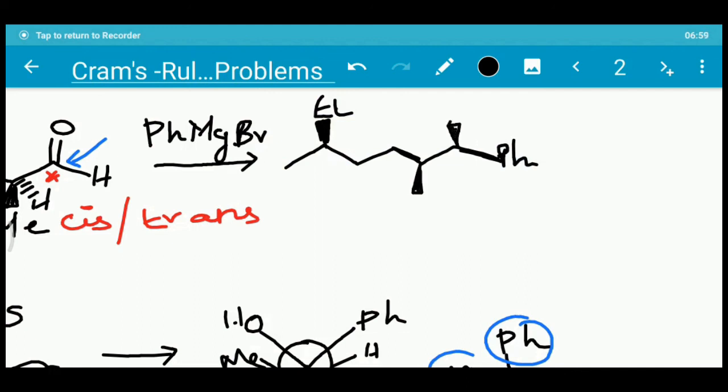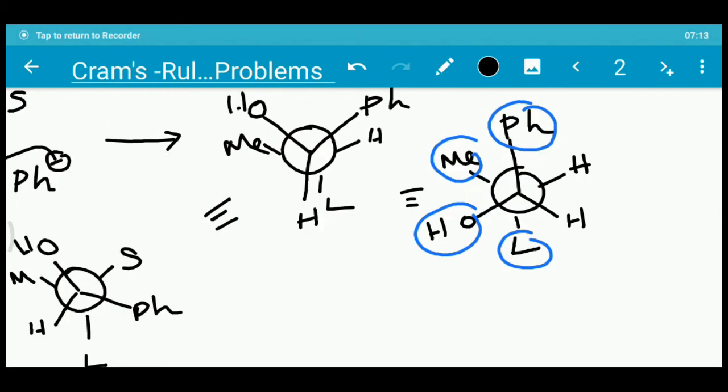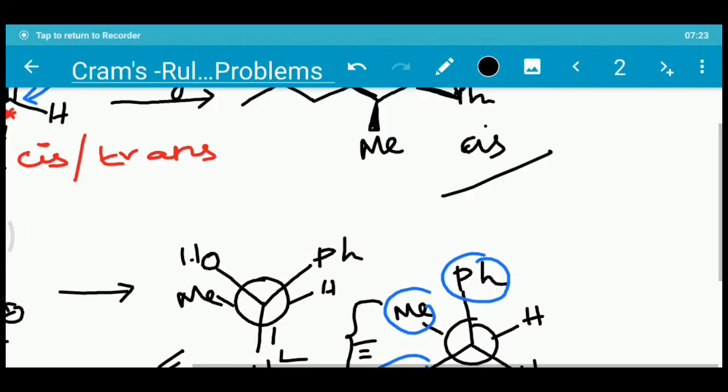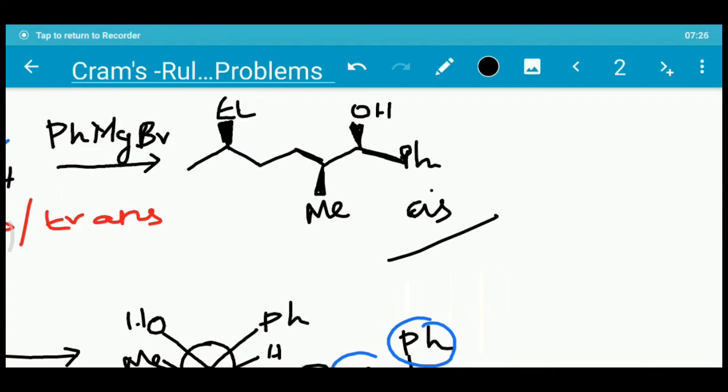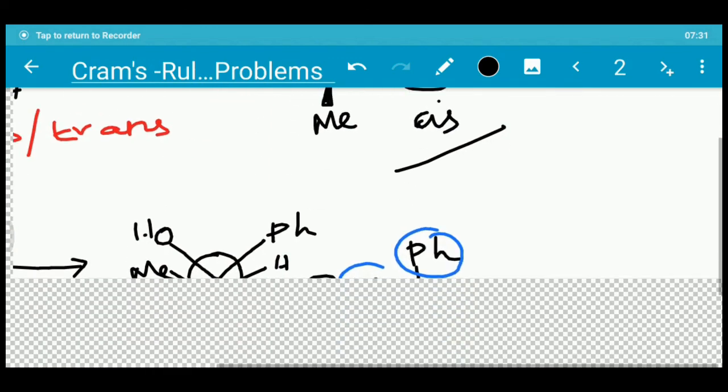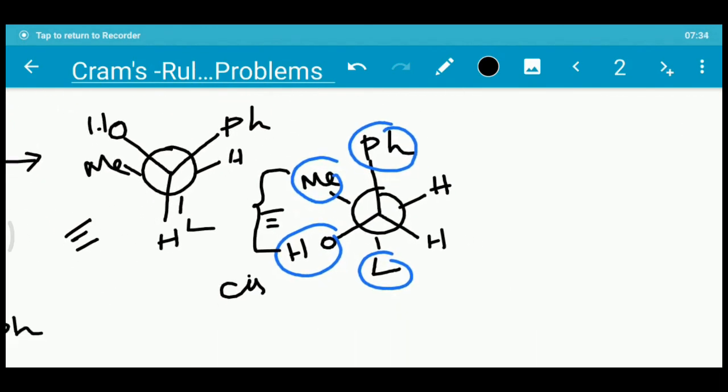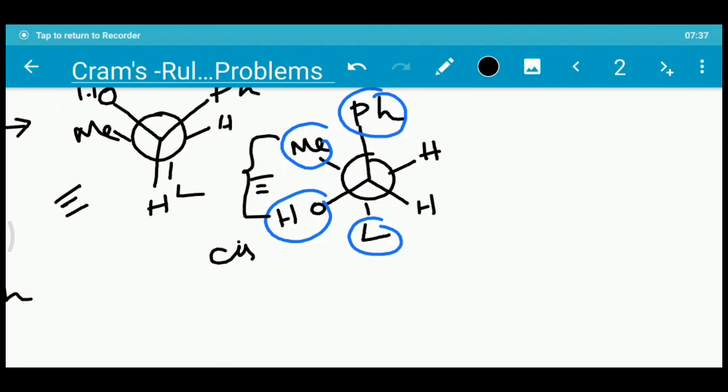My methyl and OH are cis to each other, like how we have found it here. So one has to ensure that whenever we try to find out the product, the larger group and the incoming nucleophile are placed in such a way that they are trans to each other in the Newman projection, following which we can easily identify the stereochemistry of the product.